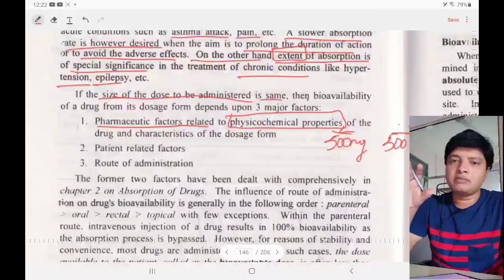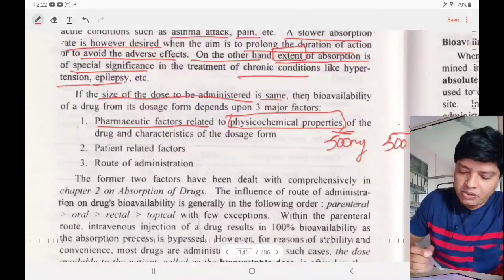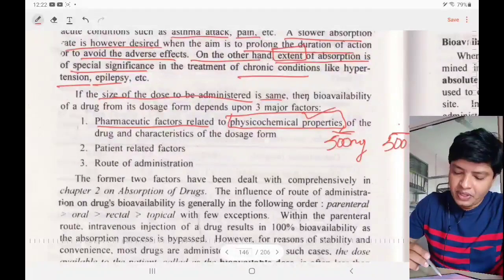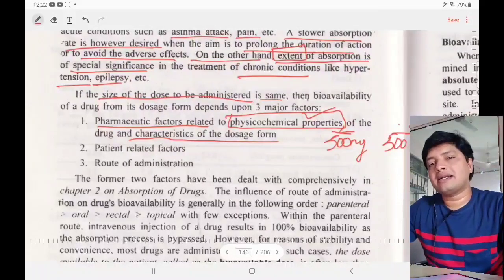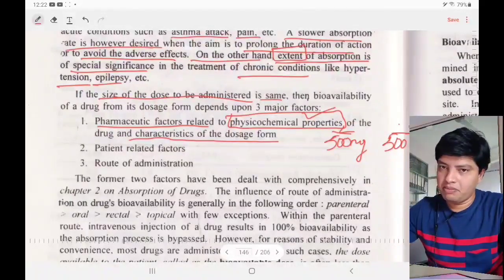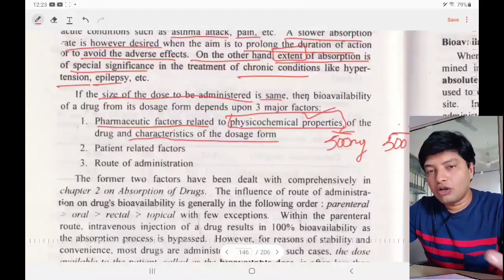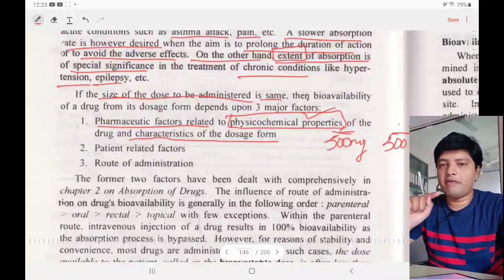All these come under the physiochemical properties of the drug. So the pharmaceutical factor has, one, physiochemical properties of the drug, and two, characteristics of the dosage form. What are the characteristics of the dosage form? Whether it is swelling or whether it is solubilizing. We don't know the characteristics of your dosage form. That is your pharmaceutical factor.